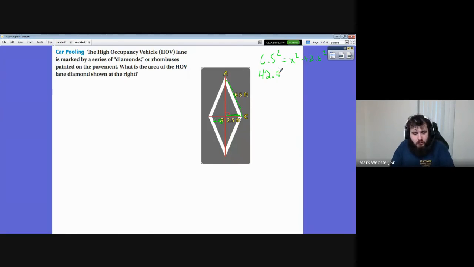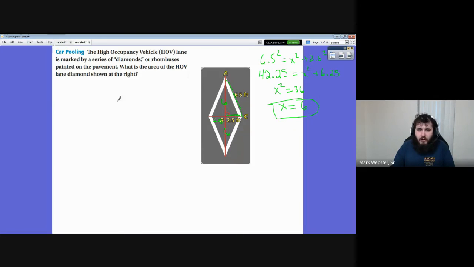I like to celebrate myself when it actually does happen. So 42.25 equals x squared plus 6.25. Subtract that over. So x equals, we don't care about the negative version of the answer because we're dealing with length. So this is 6 feet, right? Which means that's 6 feet.